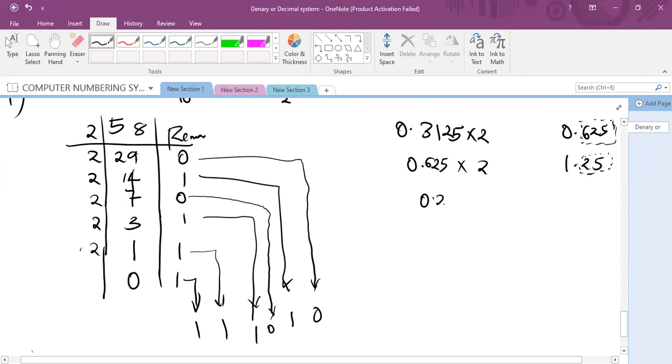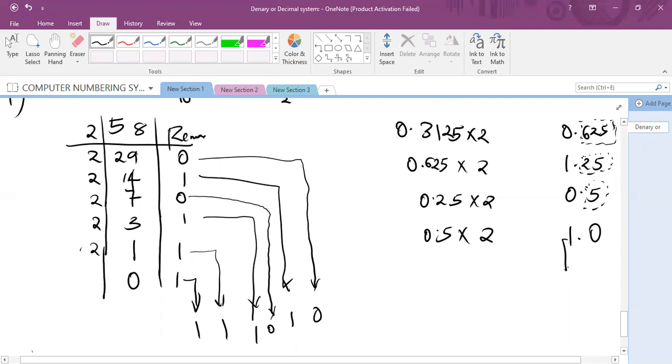Then we take this part here. That is 0.25 times 2. What does that give? That gives 0.5. Then we take this point here, which is 0.5 times 2. What does that give? 1.0. So we are done by the time we get our value as just 1.